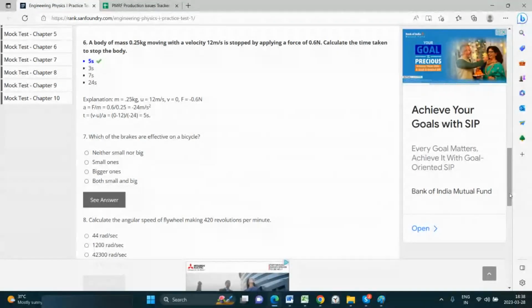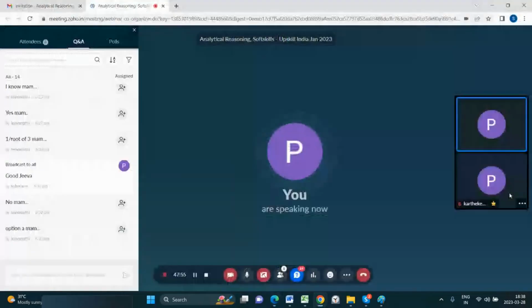The options are: neither small nor big, small ones, bigger ones, both small and big, none of these. Which can be logical? Cycle is the smallest vehicle. It moves only by the force we give with our legs.